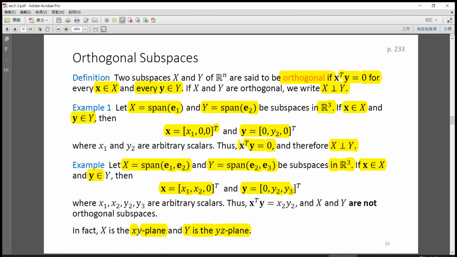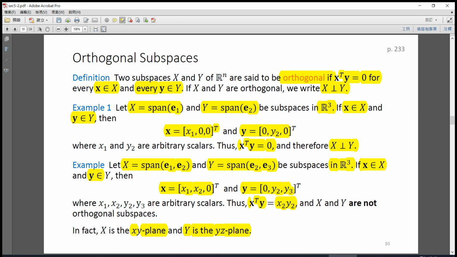And we know the scalar product x transpose y equals x2 y2. And if x2 and y2 are not zeros, then we know x transpose y is not equal to 0.